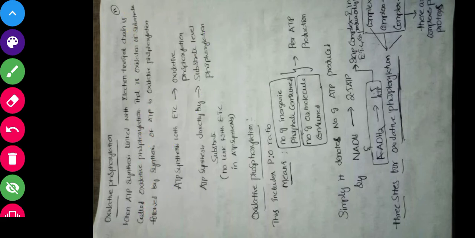In another way, it involves the P/O ratio. What is P? Phosphate. What is O? Oxygen. It is the number of inorganic phosphates consumed and the number of oxygen molecules consumed per ATP. It deals with how many oxygen molecules and how many phosphate groups are consumed for one ATP production.